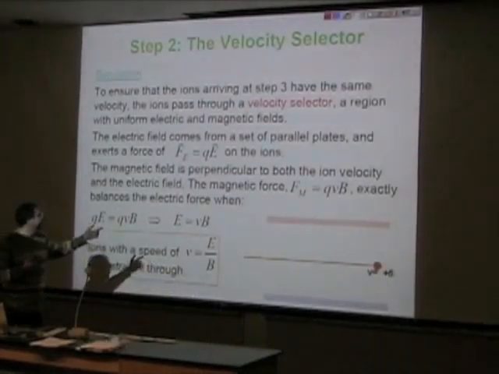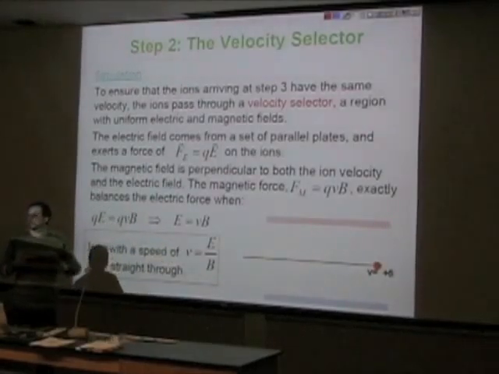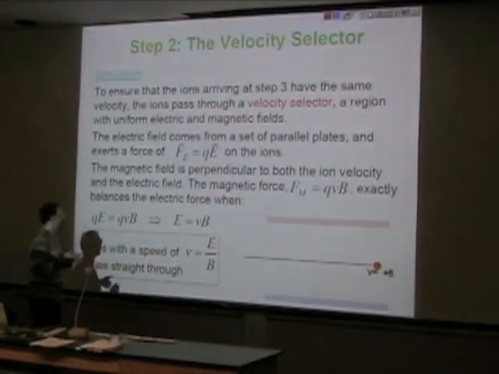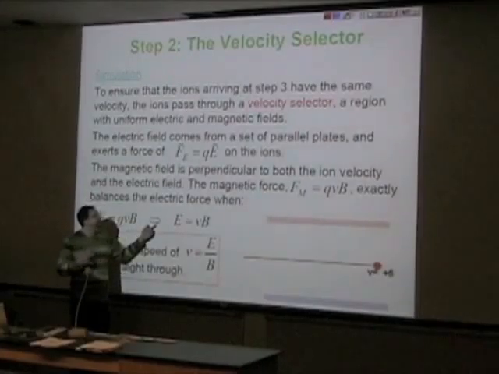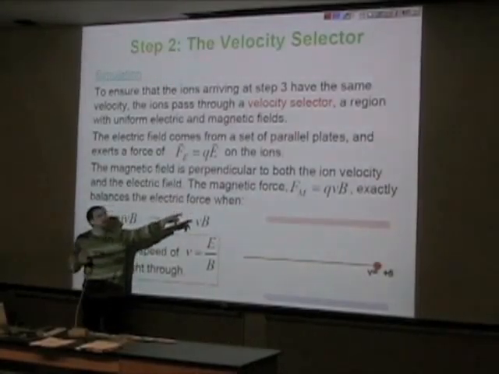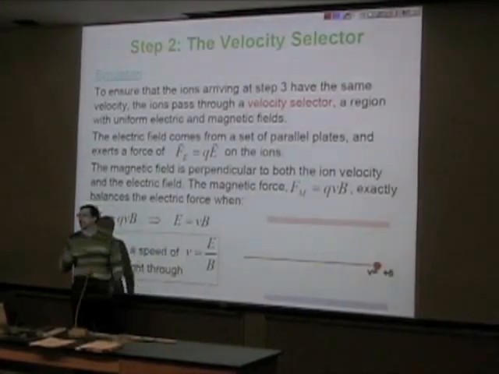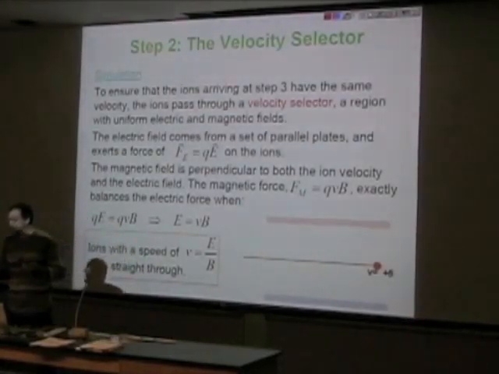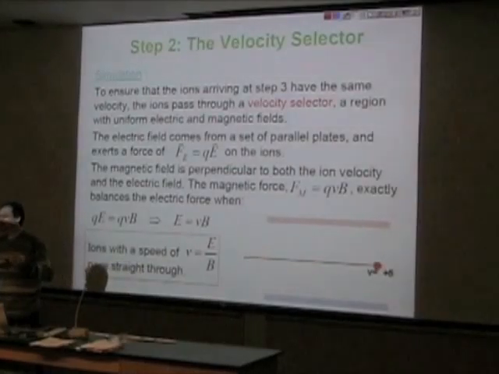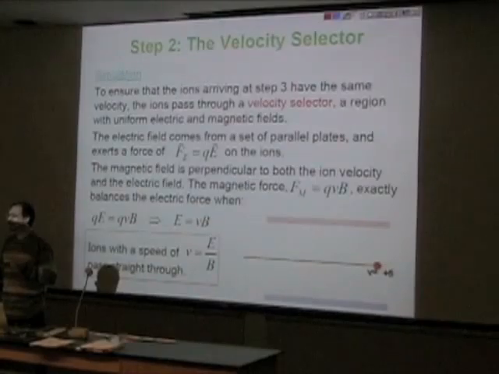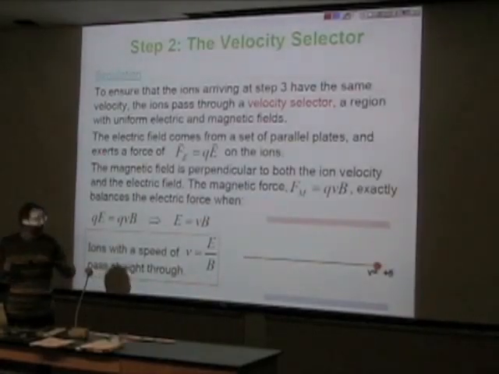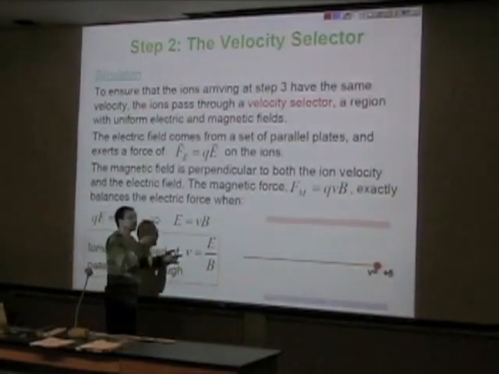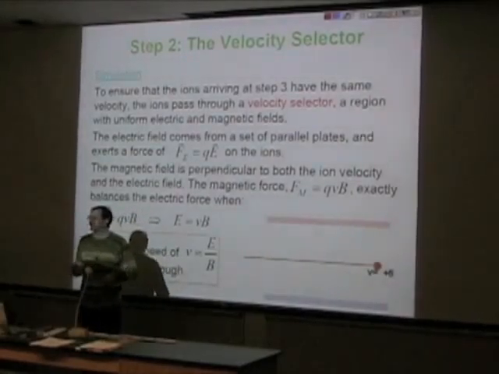Well, in order for that to happen, forces must have the same magnitude. When forces have the same magnitude, that gives us a specific relationship between electric field and magnetic field. And since we are manipulating the fields, we can set up E and B in such a way that only particles with this particular speed get through this velocity selector.